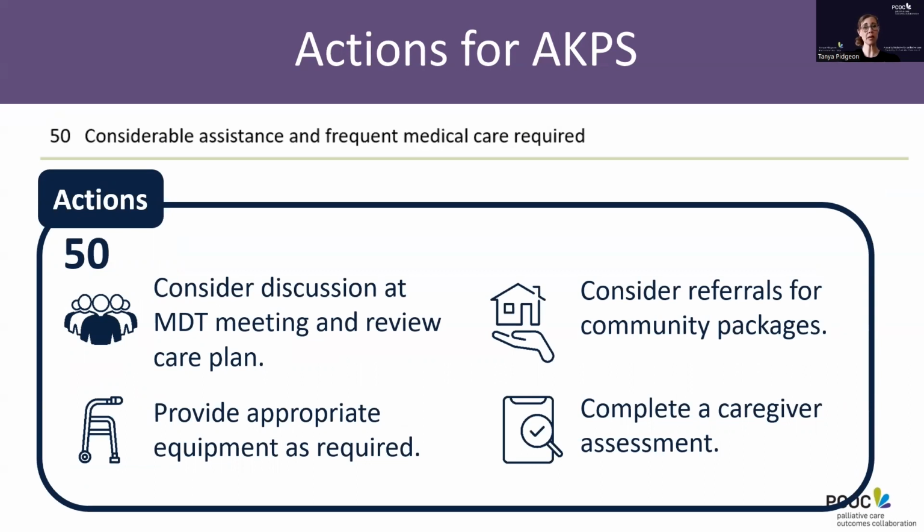Other actions may include a review of the visit schedule, a review of carer burden, including the use of the CESNAT or another carer assessment tool, review falls risk, re-engage social work, review the end-of-life care plan, engage an EN or PCA for hygiene support and education, and offer respite if appropriate as well.